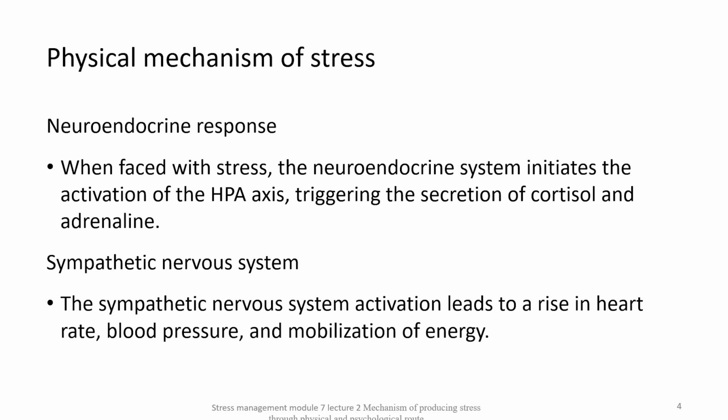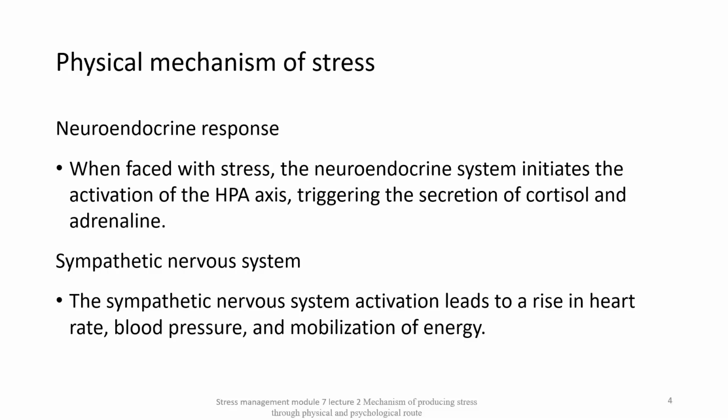The HPA axis usually encompasses the endocrine route through which the body responds to the experience of stress. Our hypothalamus triggers the anterior pituitary, which in turn triggers the adrenal gland for the secretion of cortisol and adrenaline.